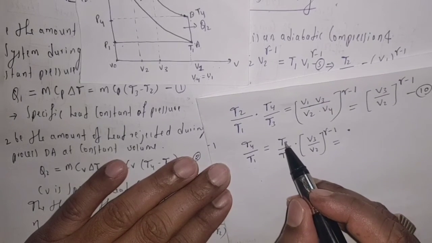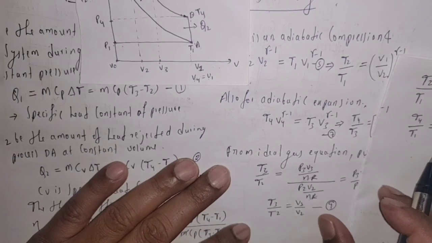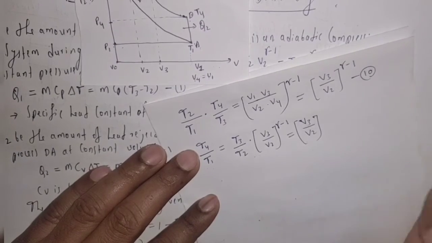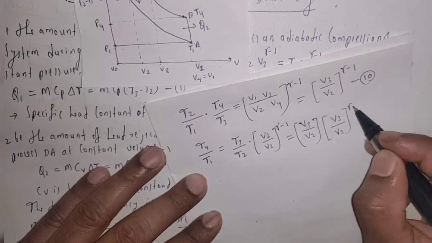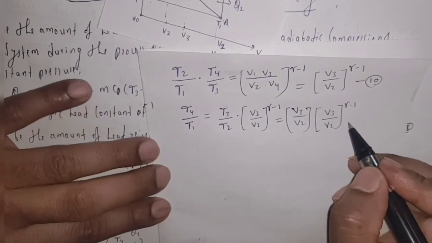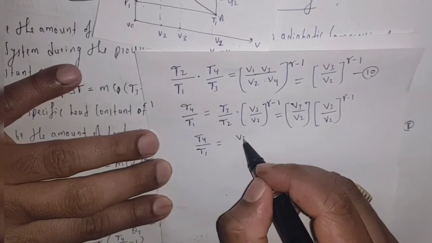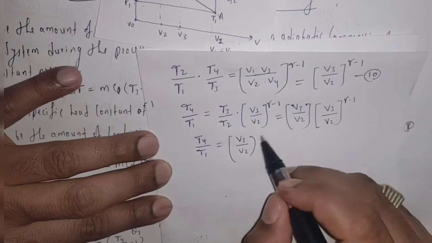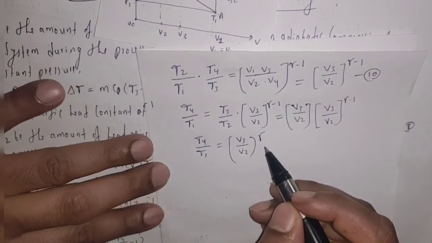Here I am going to replace T3 by T2 by V3 by V2, V3 by V2 into V3 by V2 power gamma minus 1, or we can write T4 by T1 is equal to V3 by V2. Here plus 1 and minus 1 get cancelled. We are going to get V3 by V2 whole power gamma.